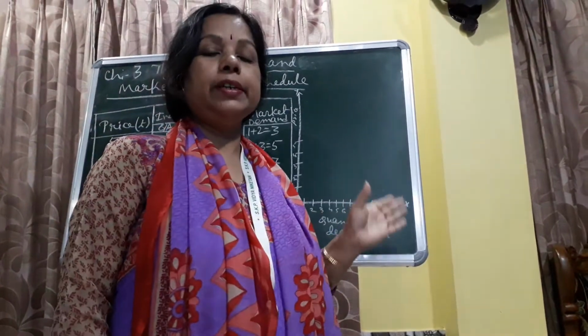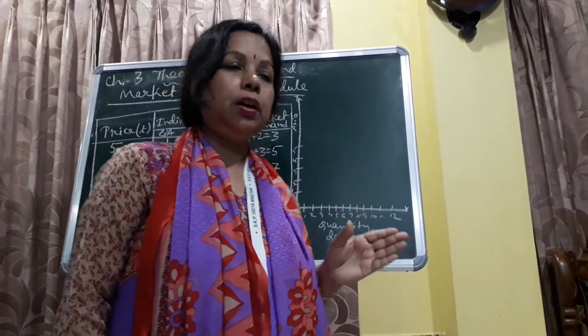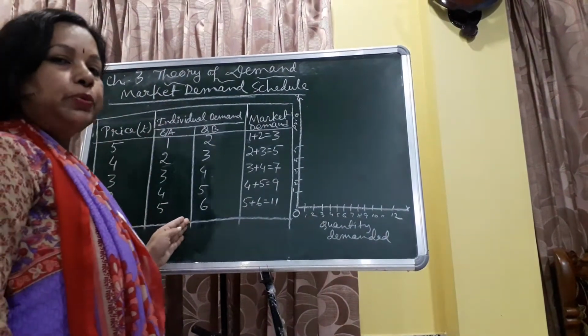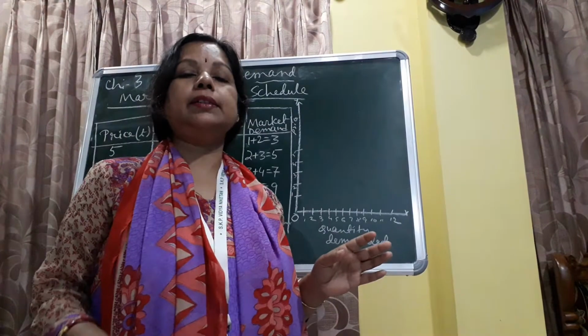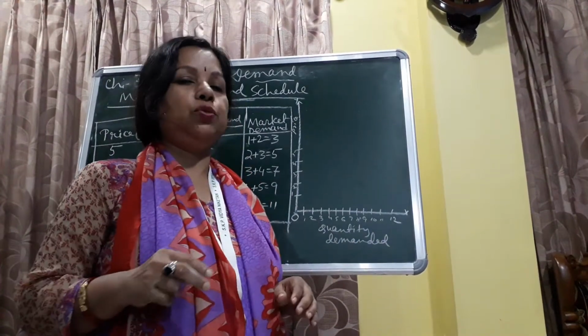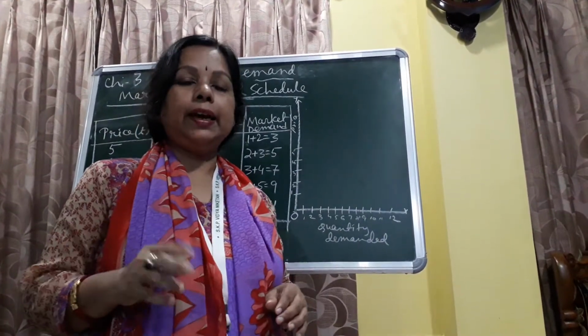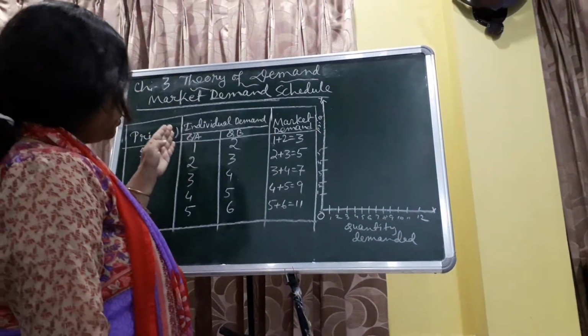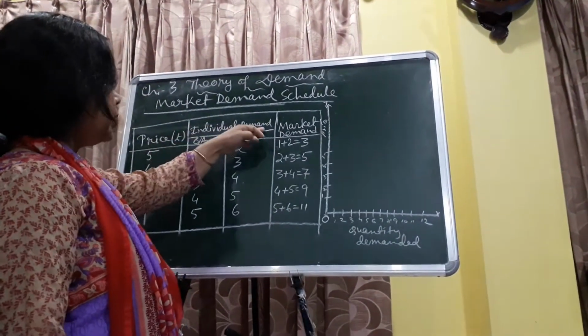I have written here the schedule: price line, individual demand. We assume that in the market there are two individuals, individual A and individual B. Here I am writing the individual demand schedule.